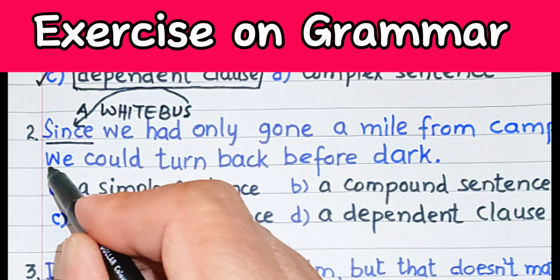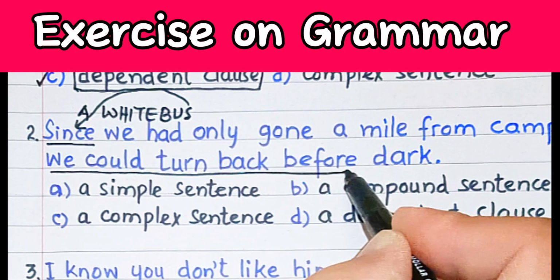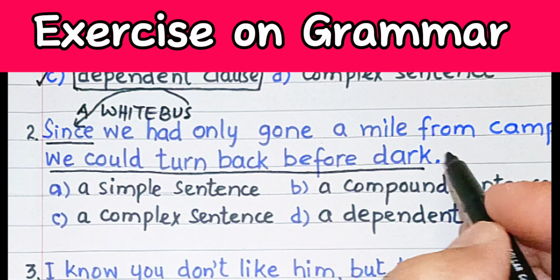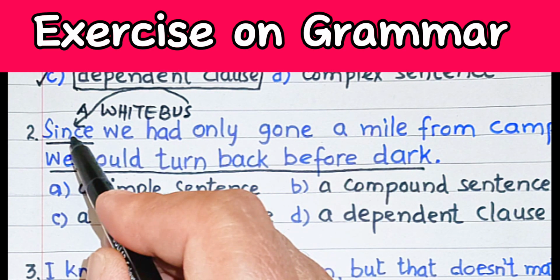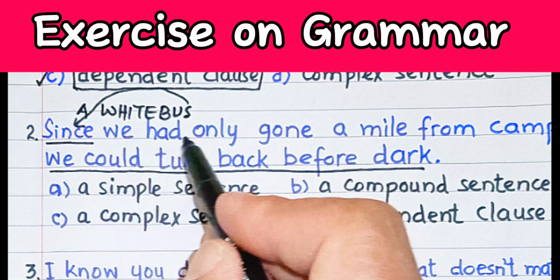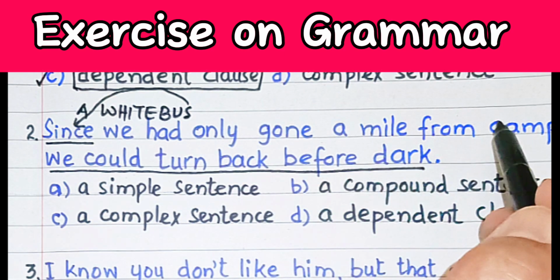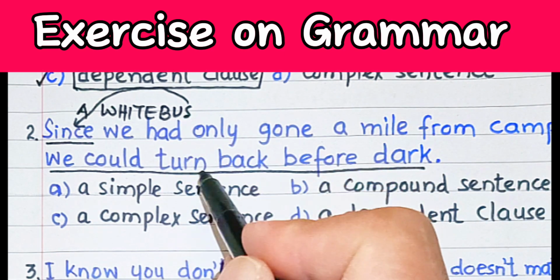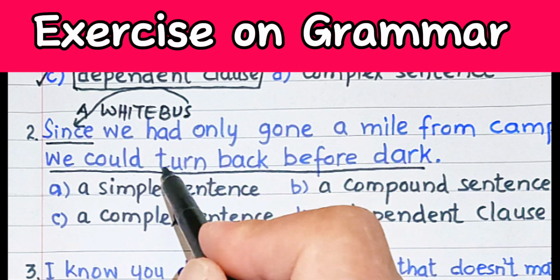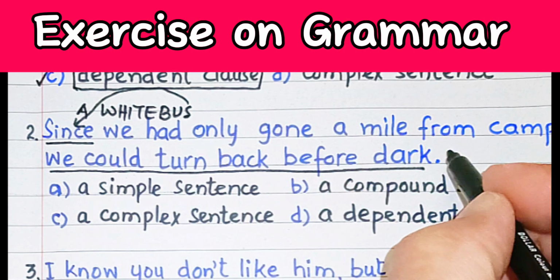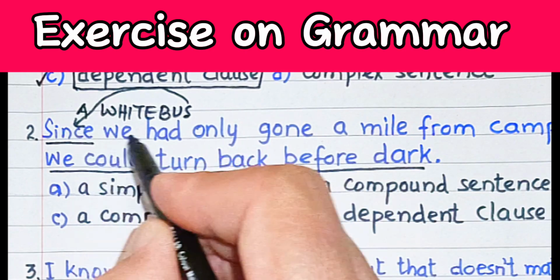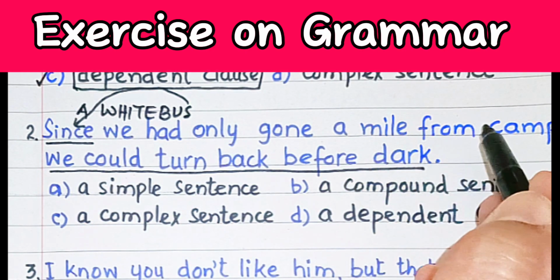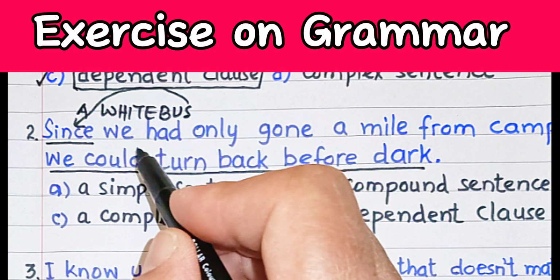So one clause, that is we could turn back before dark, this is an independent clause. But the clause that starts with since we had only gone a mile from camp, this tells that this is not independent over here. So we could turn back before dark is independent, and since we had only gone a mile from camp is a dependent clause.